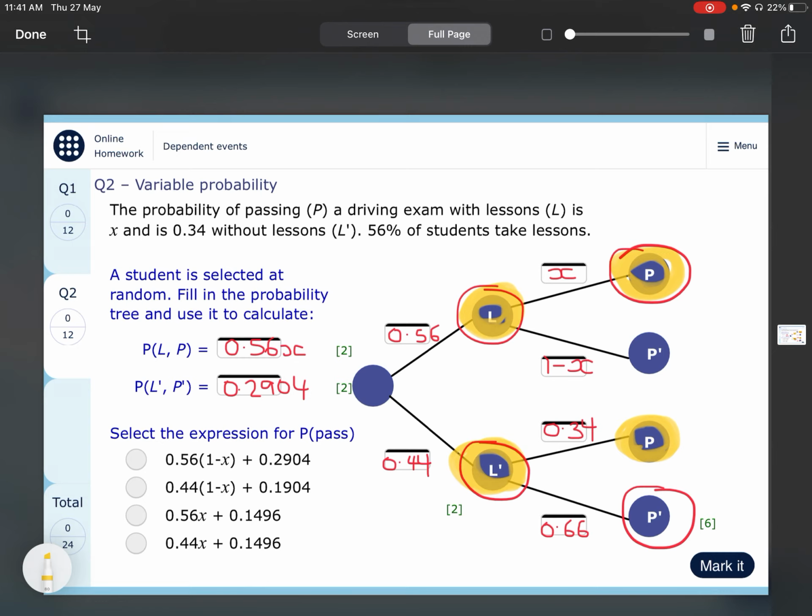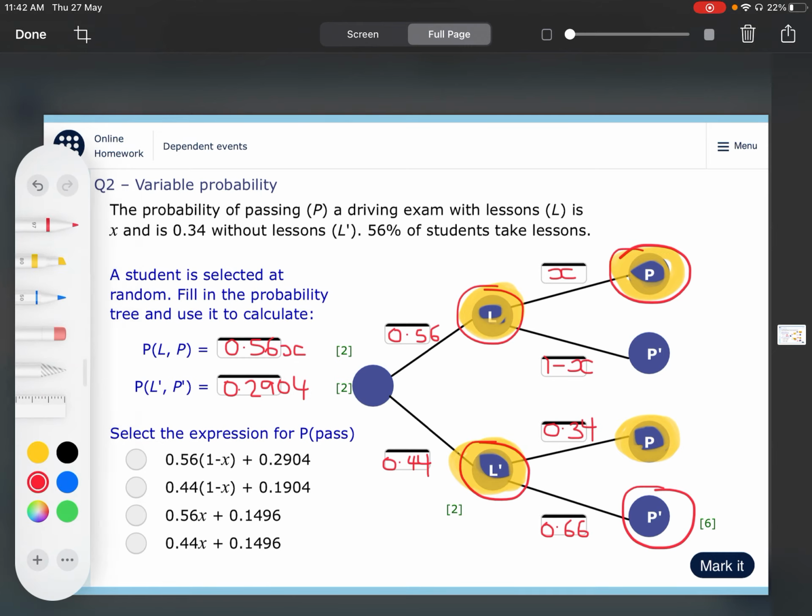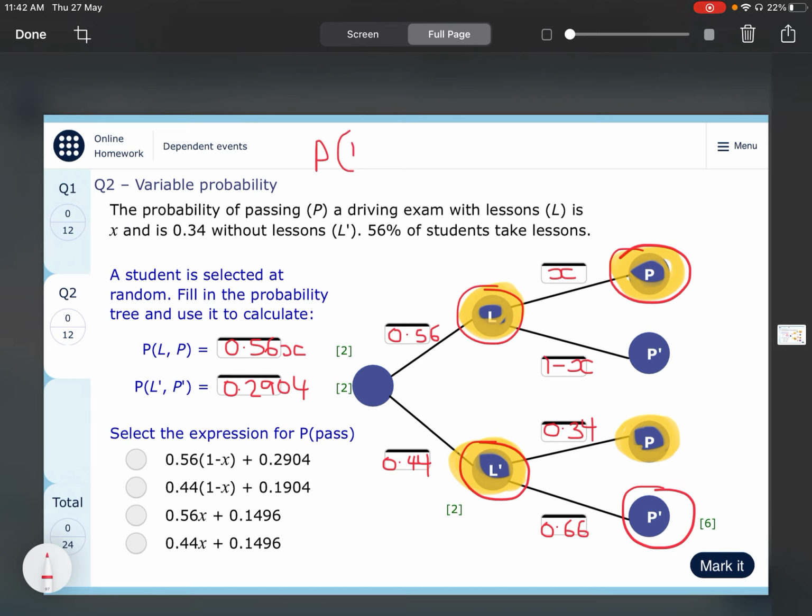So if I think about this and write it down, I need to do the probability of L and P plus the probability of L naught and P. Now, do I have any of them? Yes, I have L and P, but I don't have L naught and P. So I need to work out that.